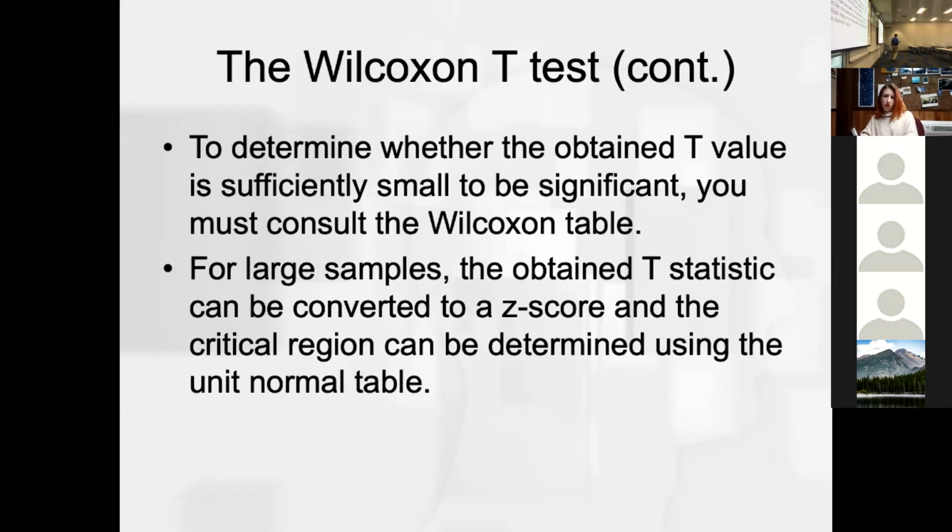Question about the Wilcoxon T test. So it's something we still need to calculate, we're just not doing any problems in class. Is that what you mean? So you won't have to calculate it for the final exam. I will ask you questions about these, but I'm not going to give you data and tell you to compute these.